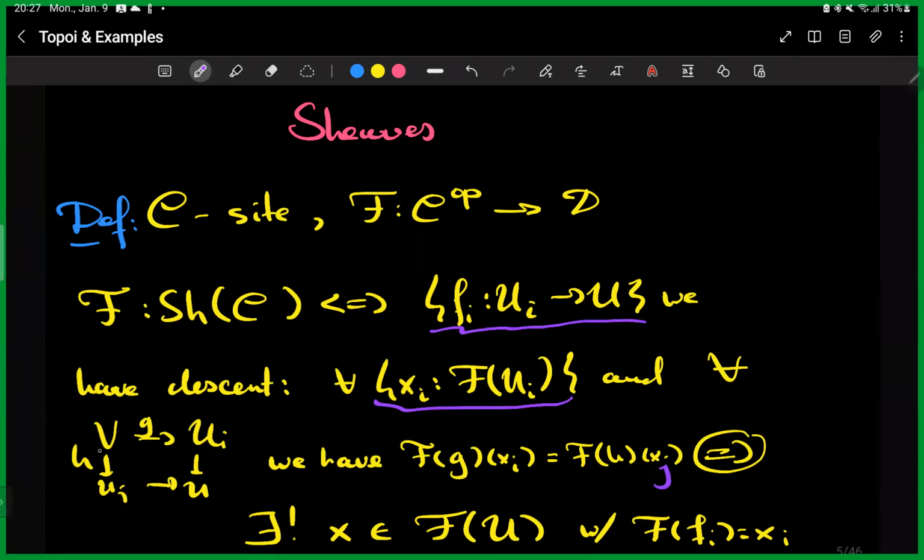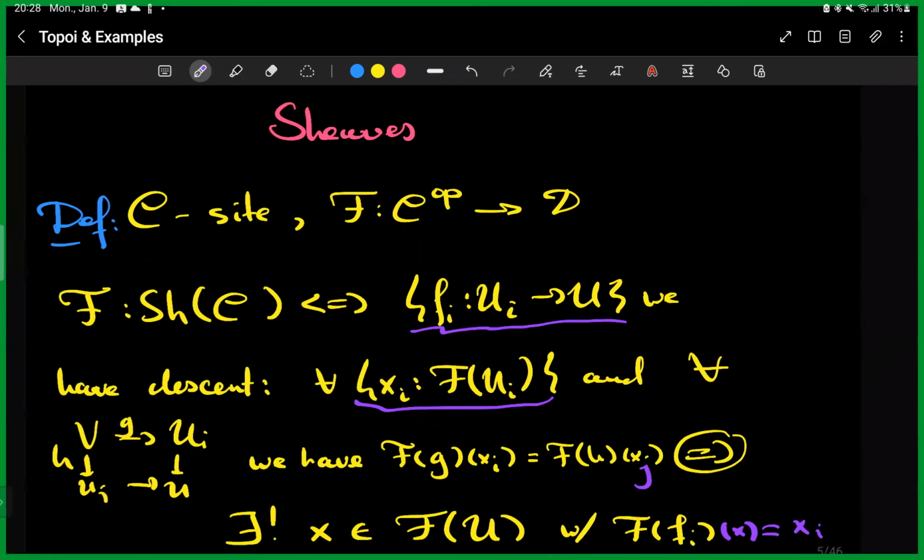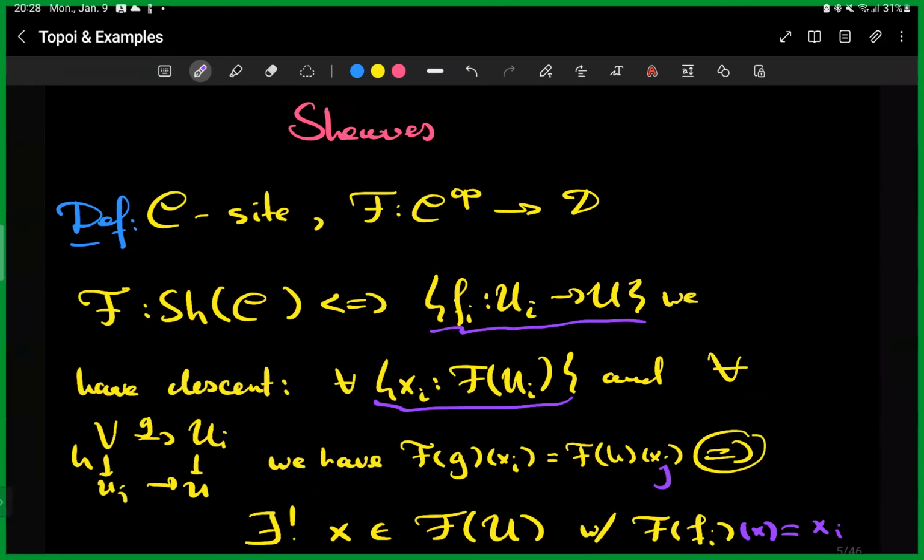So they pull back to the same element on V. Then there exists a unique element in F of U, such that when we pull back x along f_i's, we get x_i's. So that's just, in a sense, the usual sheaf condition that we can glue a section from restrictions to an open cover. But since we use these coverages, it's a bit trickier.